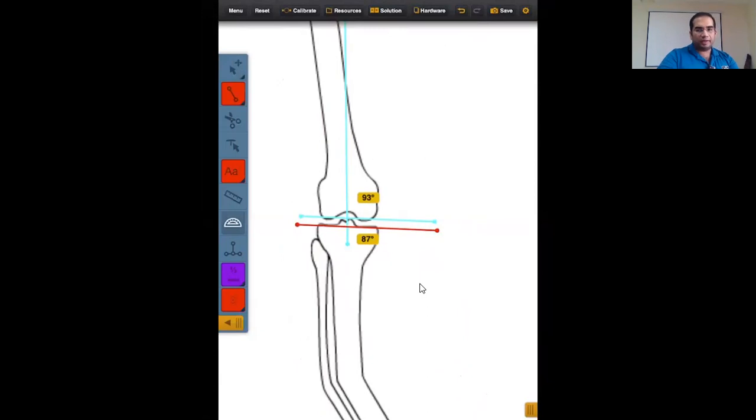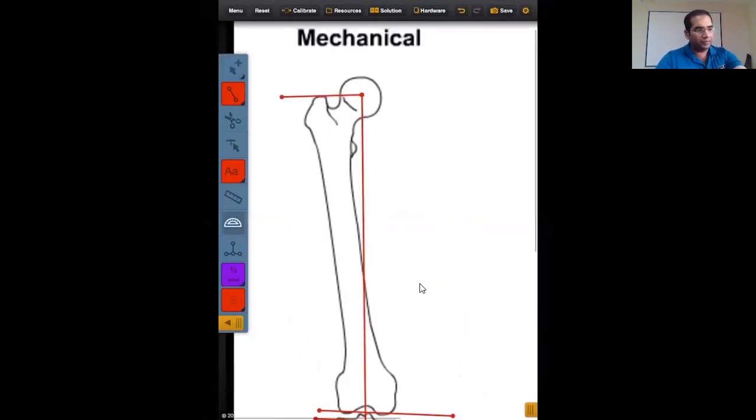So we can say that there is no deformity in the femur. The lateral proximal femoral angle is 89 degrees, so it is again normal.